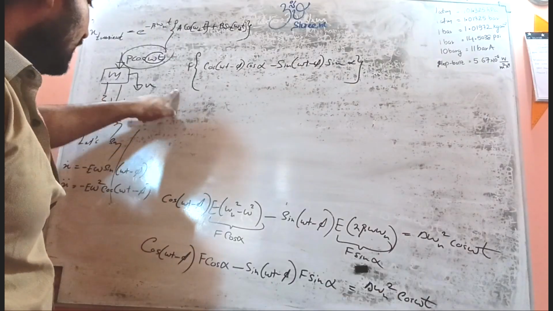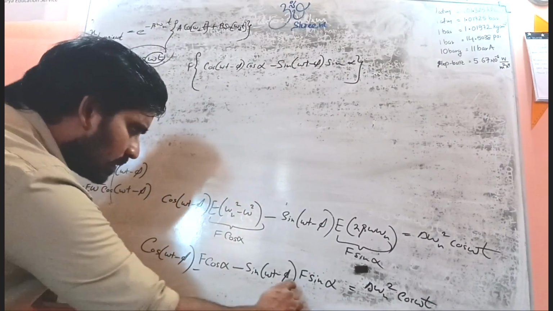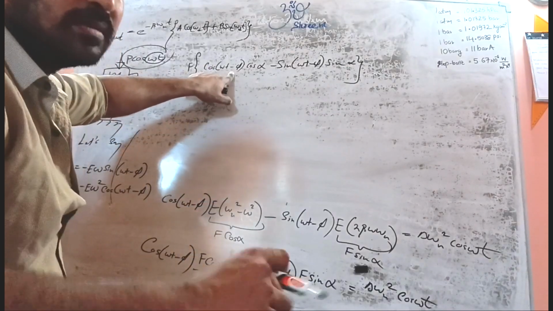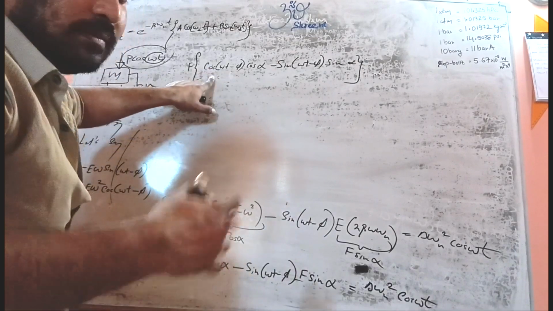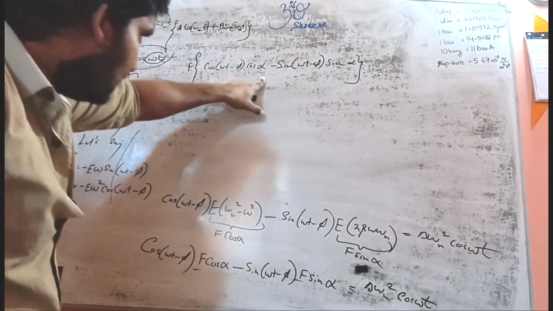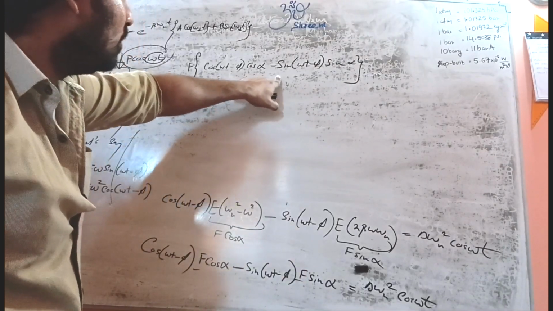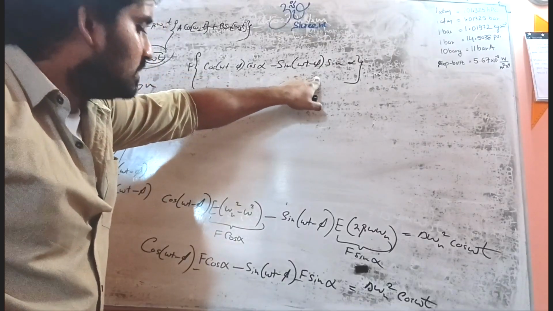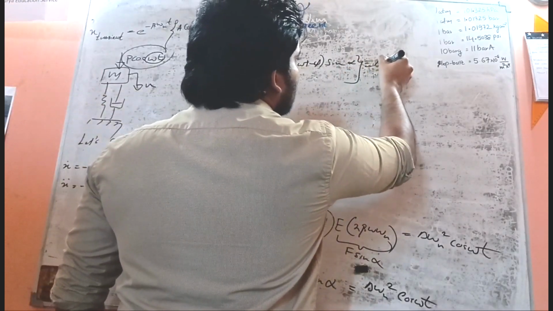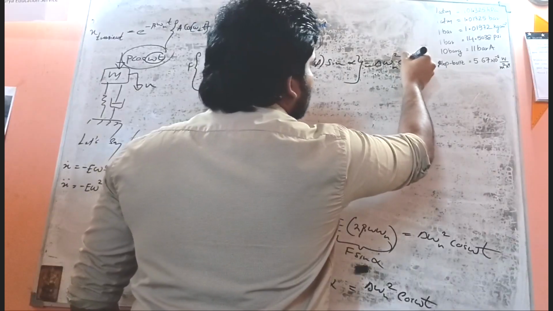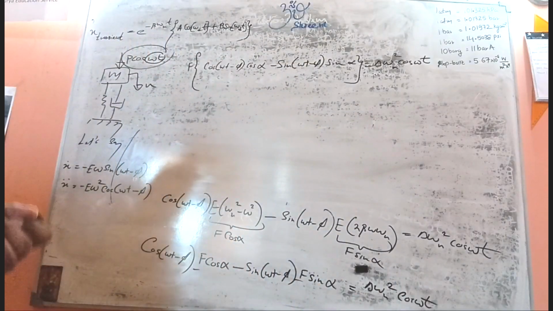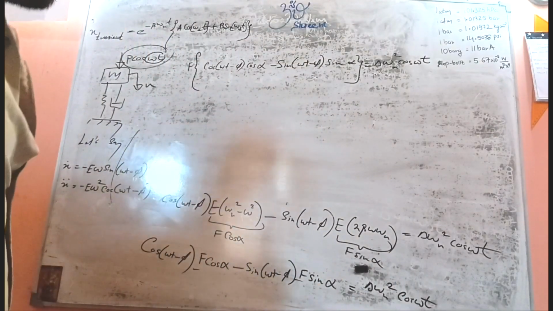Let's go again, f we can take as a factor: cos omega t minus 5, or you can call it phi, times cos alpha minus sin omega t minus 5 sin alpha, right? So that equals delta omega n squared cos omega t. I hope that is very, very clear.